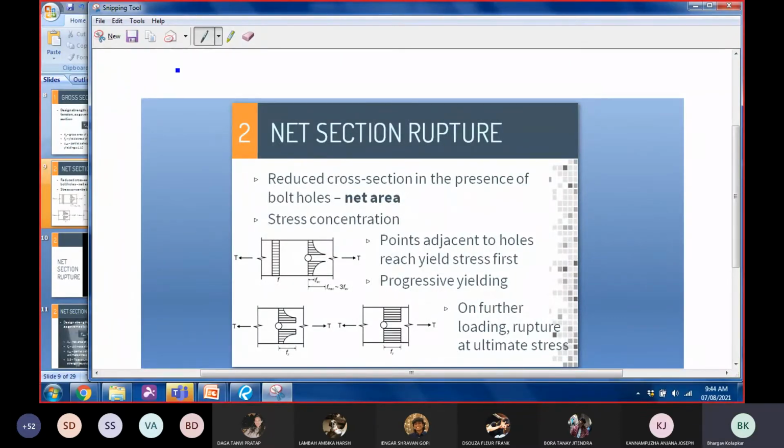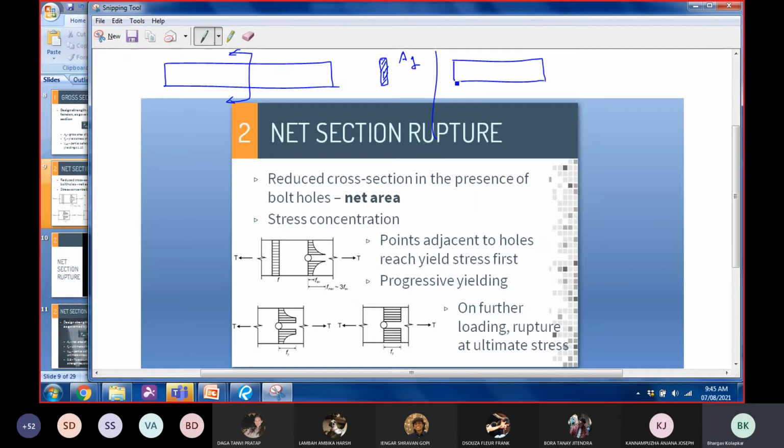So let us say that we are talking about a plate section. If I cut a section here, there is a plate. And then this is my cross section. This is AG. Now let us say that I am connecting this to other members by using bolts.